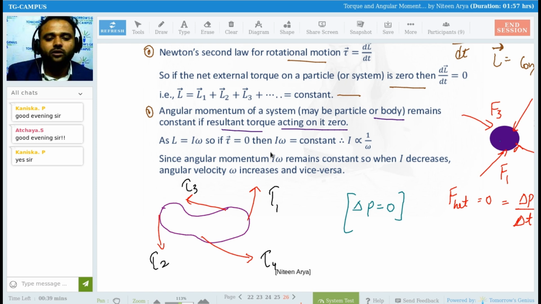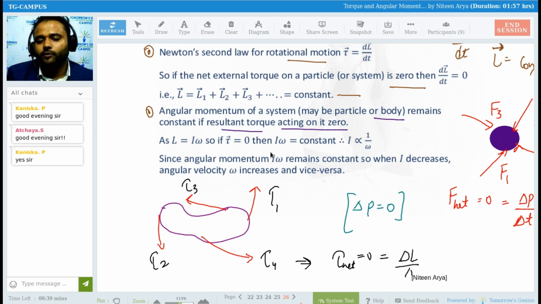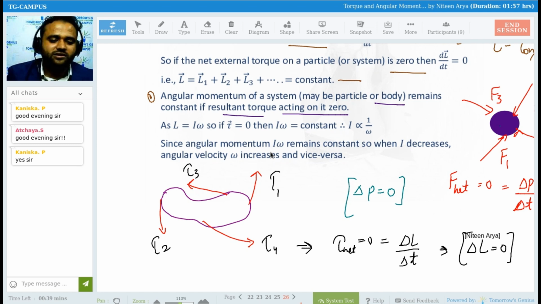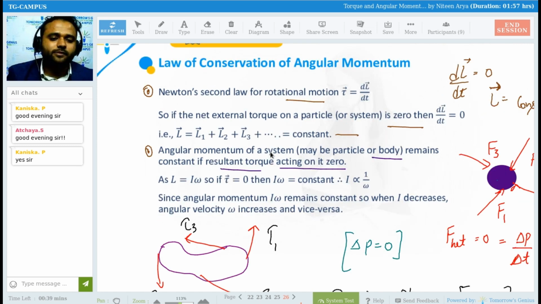So here also all the torques are going to cancel each other, and the net torque is zero. In the same sense, torque is what? The rate of change of angular momentum. So again, when it is defined as the rate of change of angular momentum, from this scenario also, the change in angular momentum is zero, and this states that angular momentum is constant. Clear, everyone?